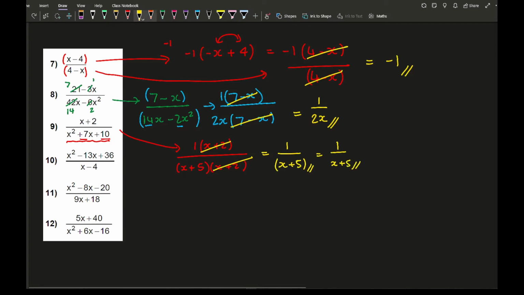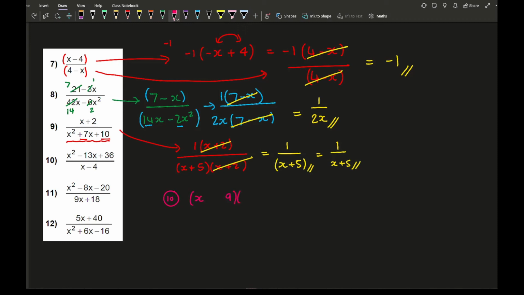Looking at question 10, running out of a bit of space, so let me just put that here. With question 10, again, I can't simplify both the top and the bottom, so I'm going to treat the numerator and denominator as 2 separate expressions. Now the top is a quadratic, so you think, what two numbers multiply to give me 36 and add to give me minus 13? Well, that's going to be 9 and 4.